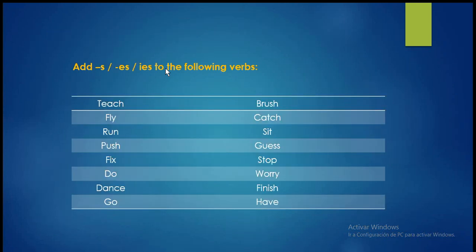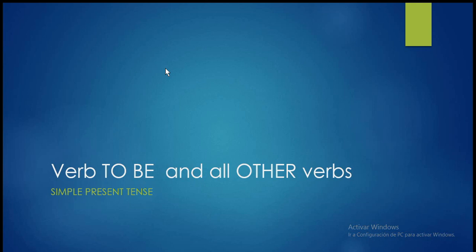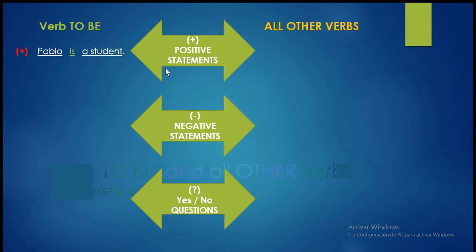I have included a practice for you to do at home when you have some time. Here we have some verbs that can help you practice, verb to be and all other verbs in simple present tense.